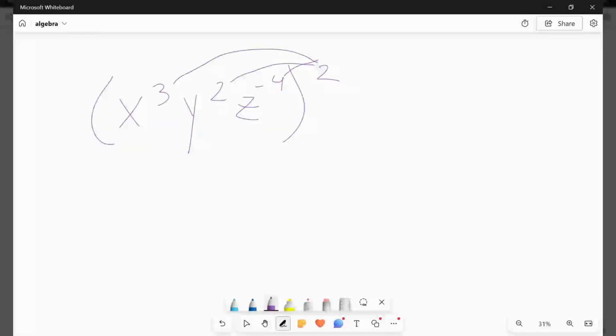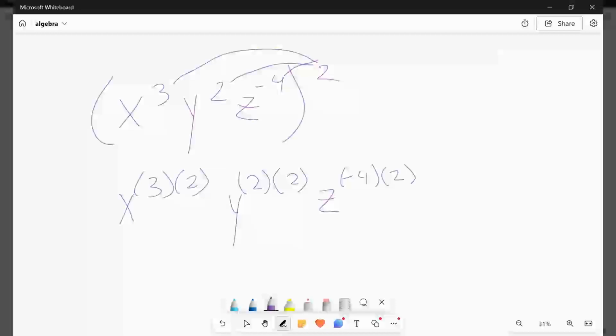We have to use the distributive property here. So we get x to the third times 2, y squared times 2, and z to the negative 4 times 2. And from simplifying, we get x to the 6th, y to the 4th, and z to the negative 8th.